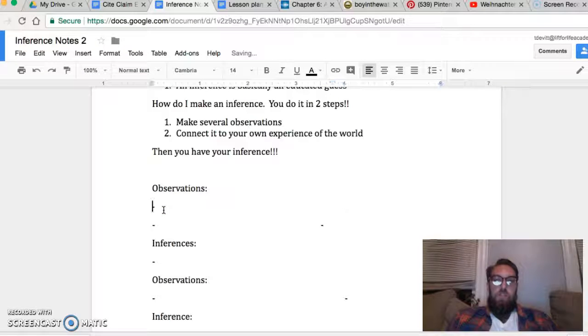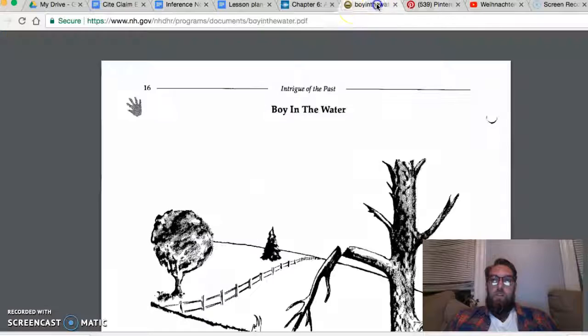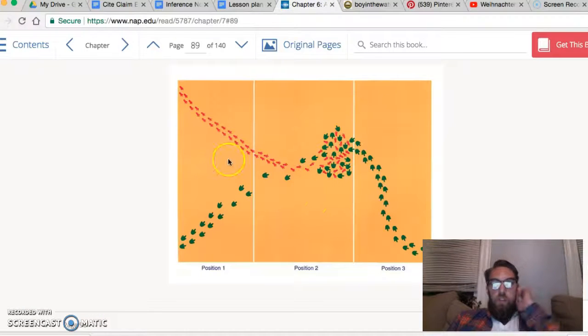Two different animals. One is larger, one is smaller. What else can I observe in the next phase, position 2? I'm observing that they're not following the same path.